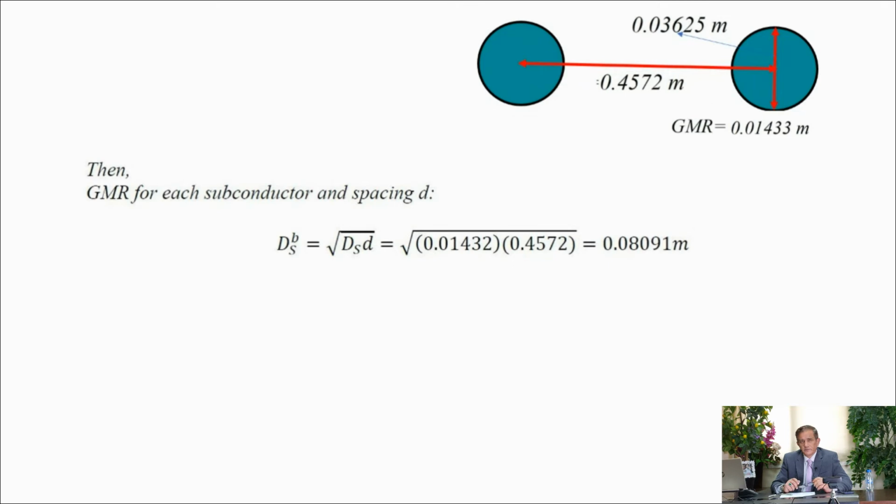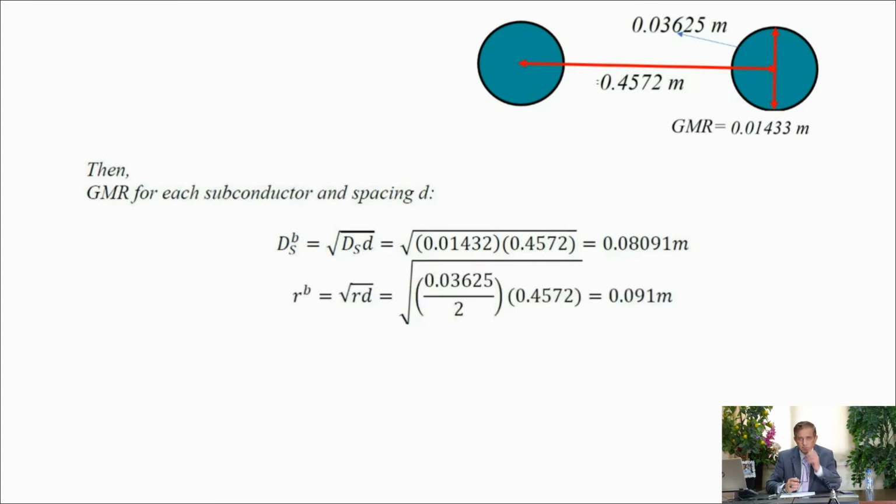Distance is given, and D is given. So 0.4572 is the distance between the conductors inside the bundle, and the GMR is given in the question. Remember I told you we will be using GMR here for the inductance, and we will be using the R for the capacitance.